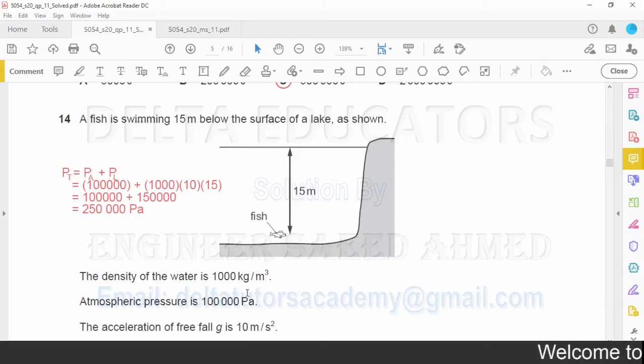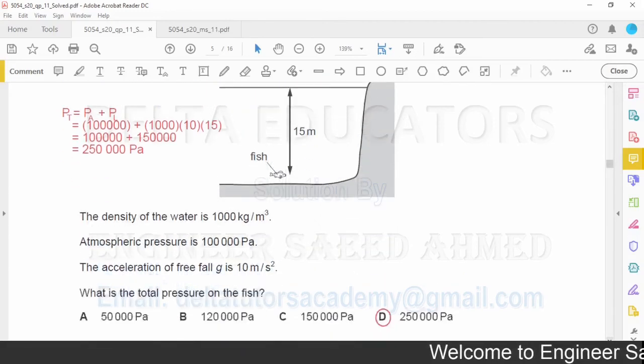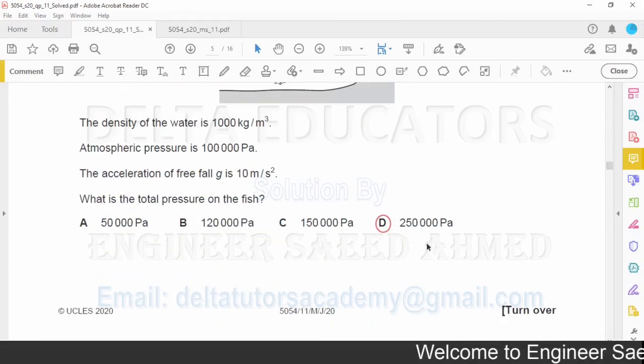The acceleration of free fall is given here as 10, so the value of g is 10 and height is given here 15. By solving this one we get 250,000 Pascal. 250,000 Pascal is given in option D. So the correct option is option D.